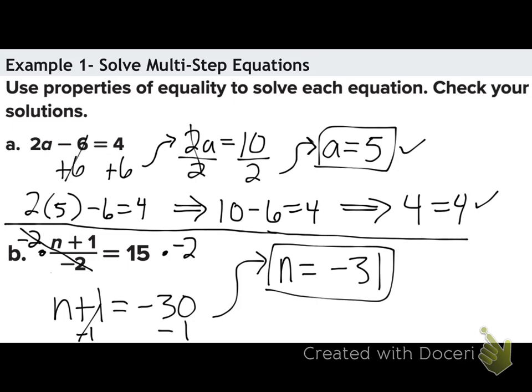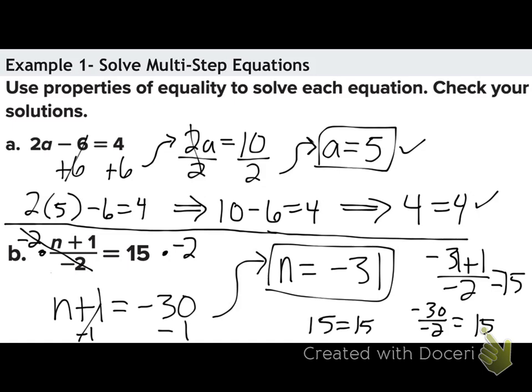Checking my solution. Negative 31 plus 1 over negative 2 equals 15. What's negative 31 plus 1? Negative 30. What's negative 30 divided by negative 2? Positive 15, which is a true statement.